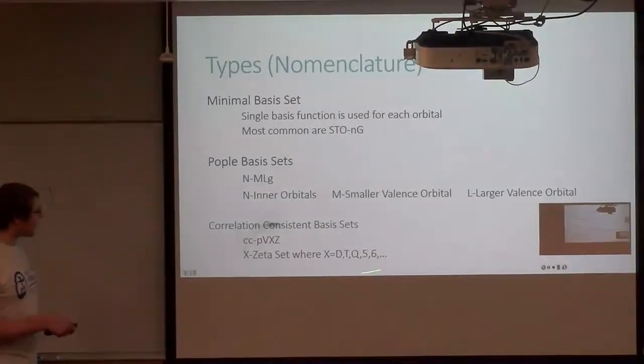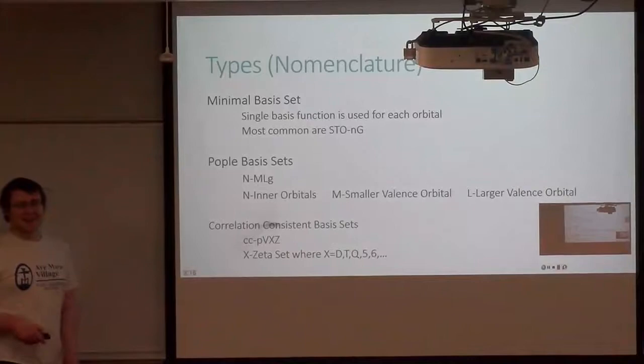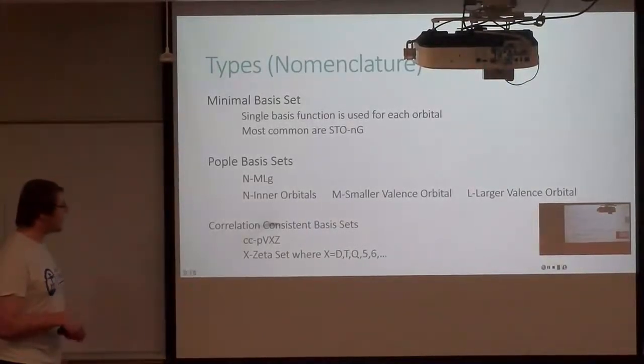And then thirdly, we have the correlation consistent basis sets, cc-pVXZ, where X can be D, T, Q, 5, 6. This is correlation consistent polarized valence X zeta. And X zeta is something that I neglected to mention earlier.